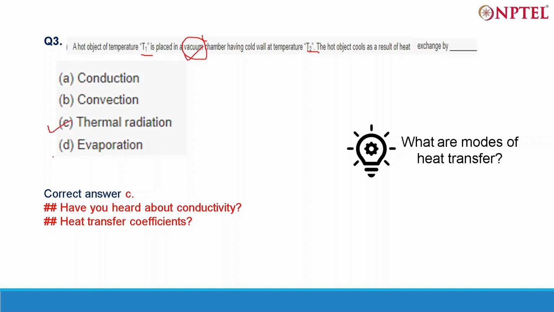Okay. So generally, I put some concepts also. Have you heard about the terms conductivity, heat transfer coefficients, modes of heat transfer? I think by going through week 1 to 12, you must have a good understanding about these heat transfer terms.